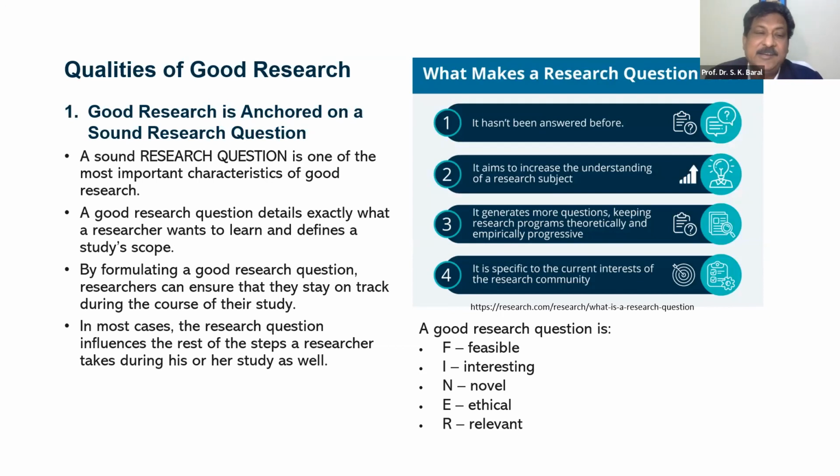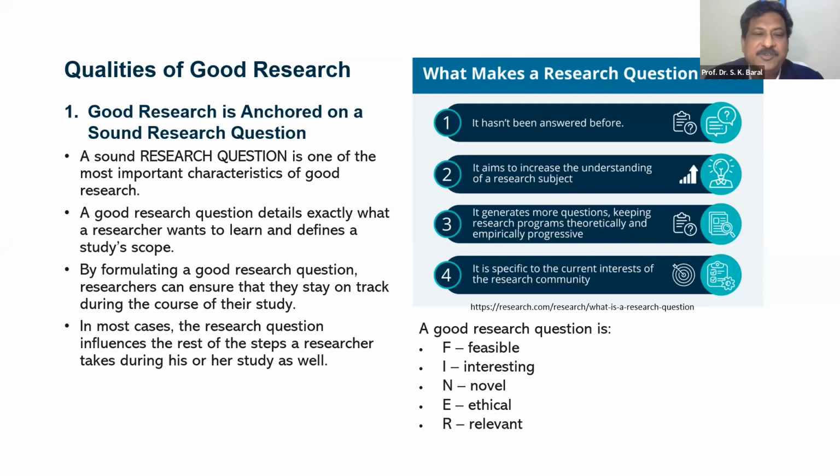How will we consider that a person is doing very good research, or that the research outcome is very qualitative? So number one is good research is anchored on a sound research question. Unless we are in a position to identify the absolutely required research question, the gap identification will be very poor for us.